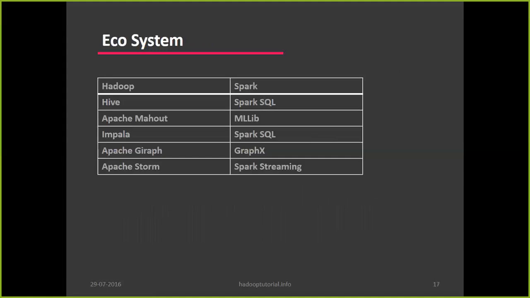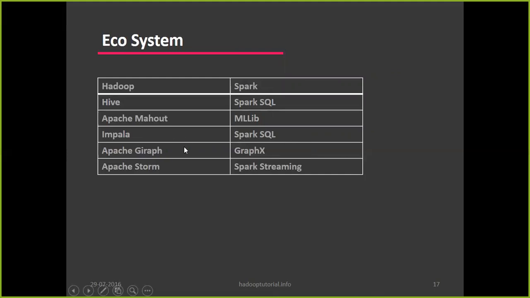Yeah. So these are the comparisons between your Hadoop ecosystem tools and Spark ecosystem. Whatever queries you are running on Hive shells, you can now run in the Spark SQL shell. Whatever algorithms you are running through Apache Mapreduce, its equivalent component in the Spark ecosystem is Spark MLlib, the machine learning library, and Impala's equivalent component is Spark SQL again.